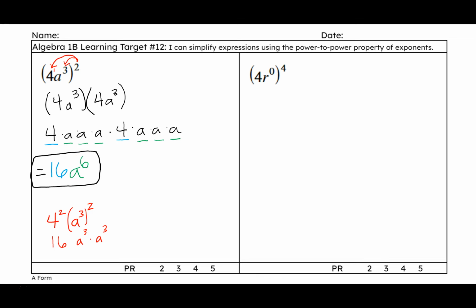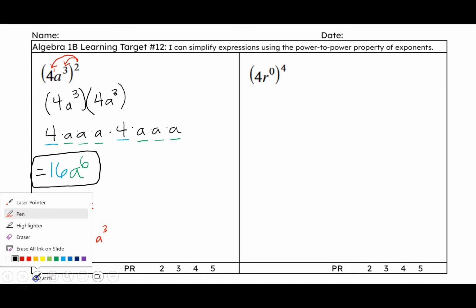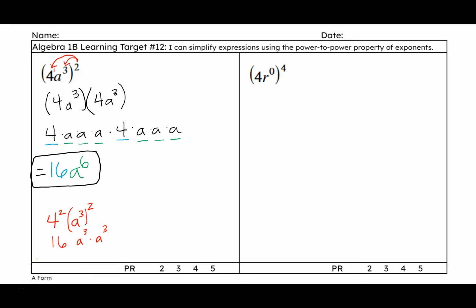And I might need to expand it out because I got something weird going on with a little 0. So one important thing to note is that an exponent of 0 means that you are multiplying none of them together. It's your multiplicative identity of 1. So anything, and I'm going to write this in a special color, and I'm going to make it big and bold. Here's a rule.